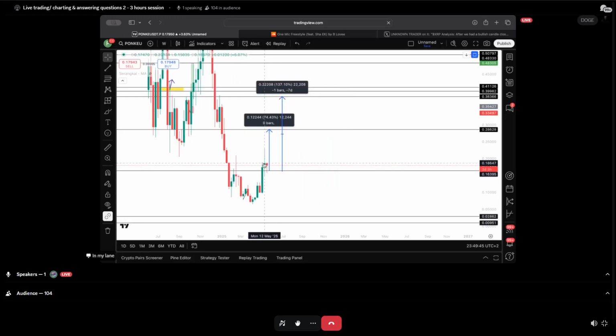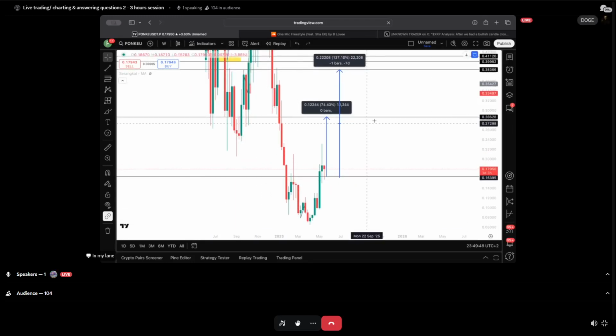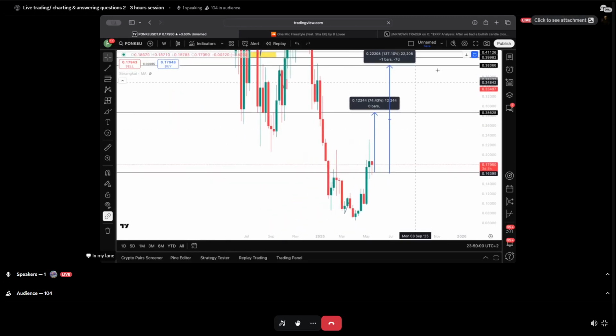Now we're ready to move to the next resistance over here at 0.28. There, you see? That would be only a spot play. No futures, no leverage, just spot.